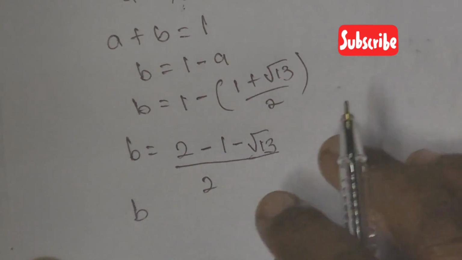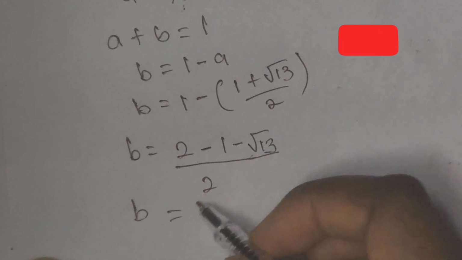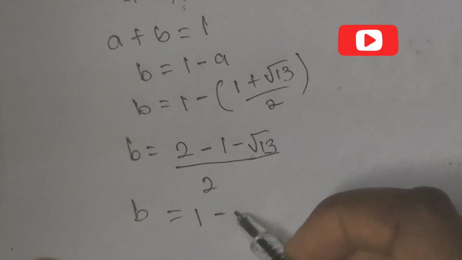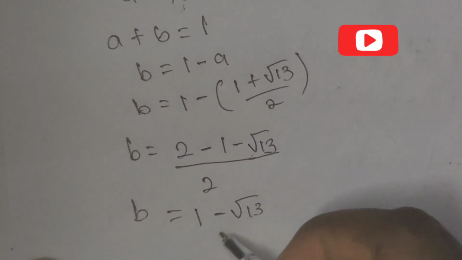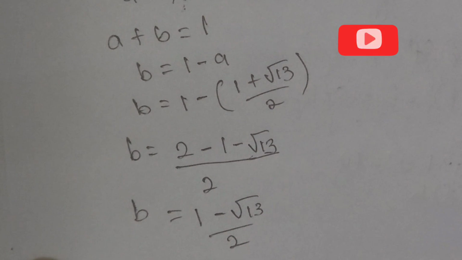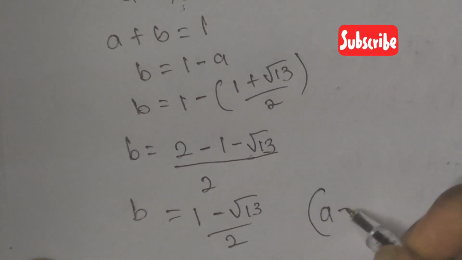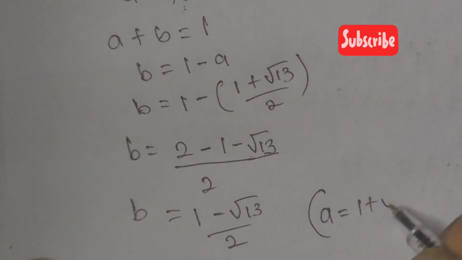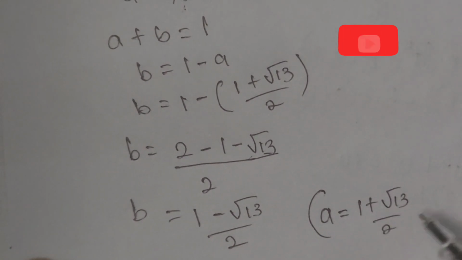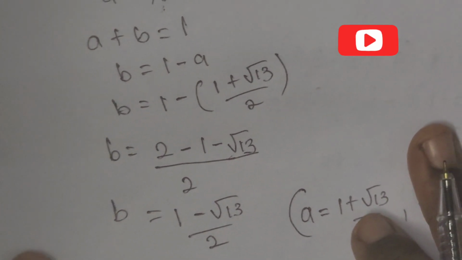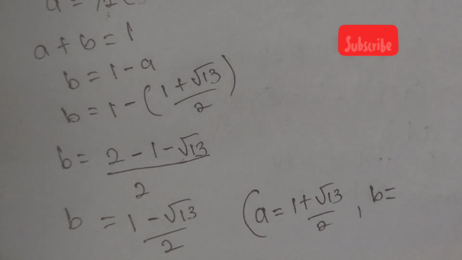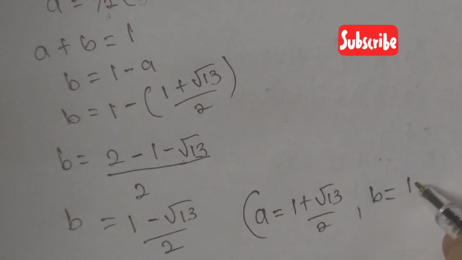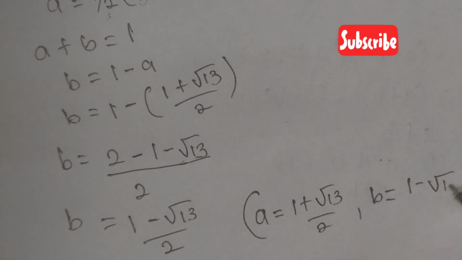So b will be equal to 1 minus root 13 over 2. It simply means that when a is equal to 1 plus root 13 over 2, b will be equal to 1 minus root 13 over 2.